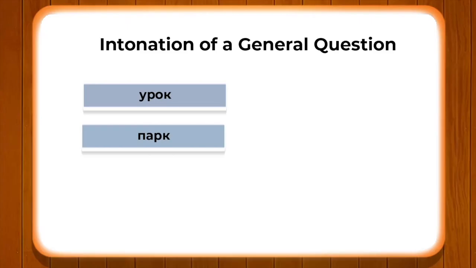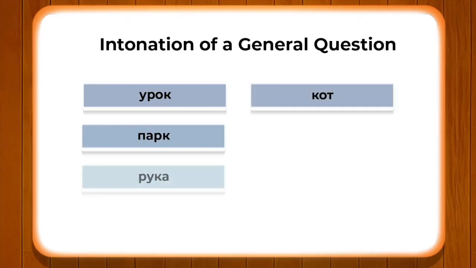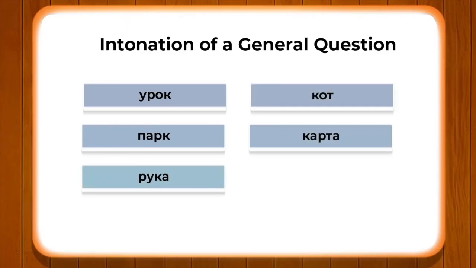Now, let us go ahead and see some more examples like urok, park, kot, ruka, karta, akno. Especially in this last word, we have a very different pronunciation. You know why? Because here the role of stress, or udareniye, is vital, and clearly the sound is changing.